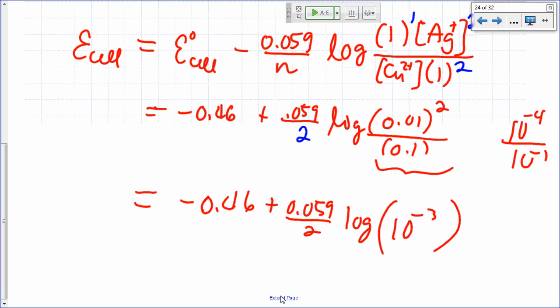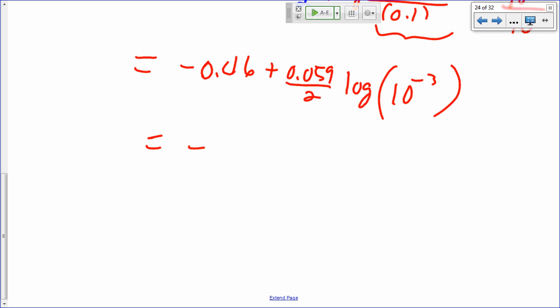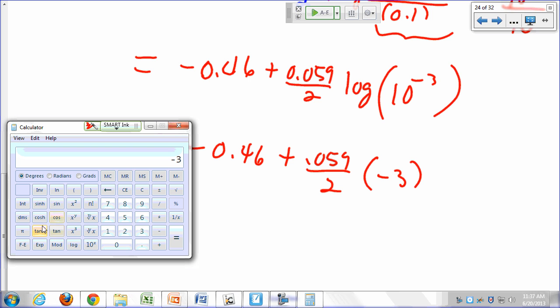What's the log of 10 to the negative 3? Take the log, it's negative 3.